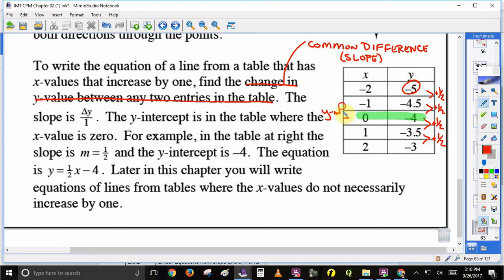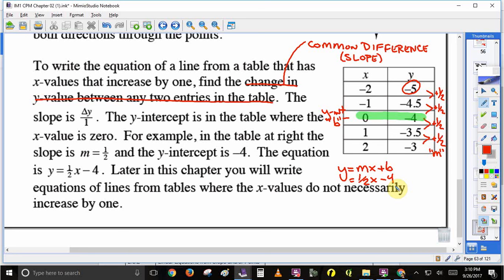That's the y-intercept, which is our b term. This is our common difference, or our m term. So then we're going to take y equals mx plus b and make that y equals 1/2 x minus 4, which will be the equation of this line.